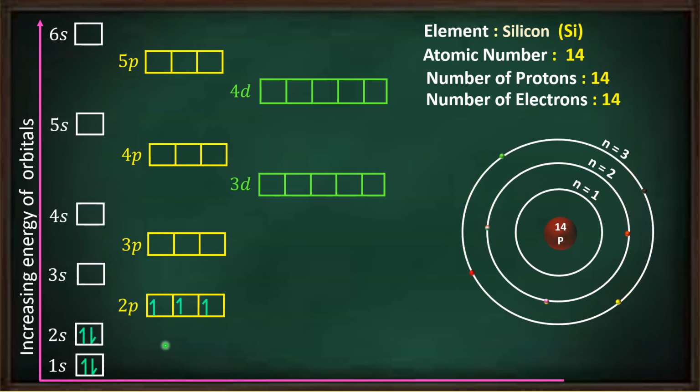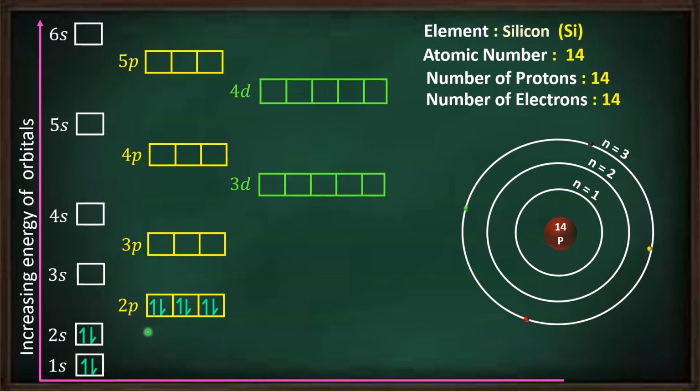So totally how many electrons we have filled so far? 7 electrons. Next, eighth electron pairs up with this electron, isn't it? Next, ninth electron pairs up with this electron, and the 10th electron pairs up with this electron here. So totally 10 electrons have been filled.